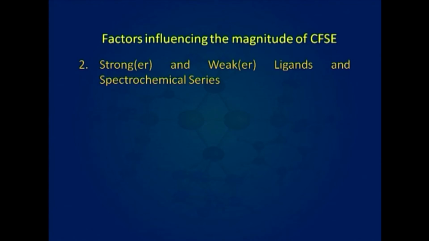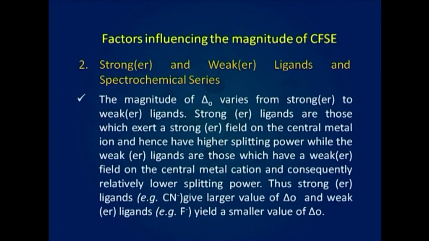The next factor which influences the magnitude of crystal field stabilization energy is stronger and weaker ligands and spectrochemical series. The magnitude of delta O varies from stronger to weaker ligands.